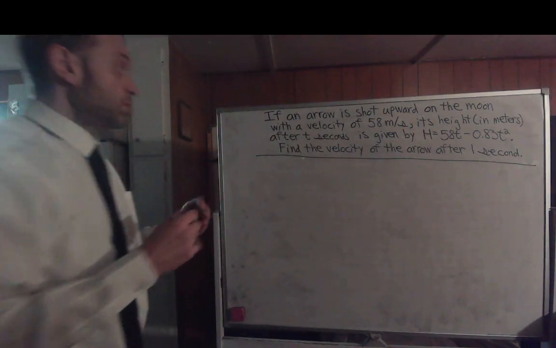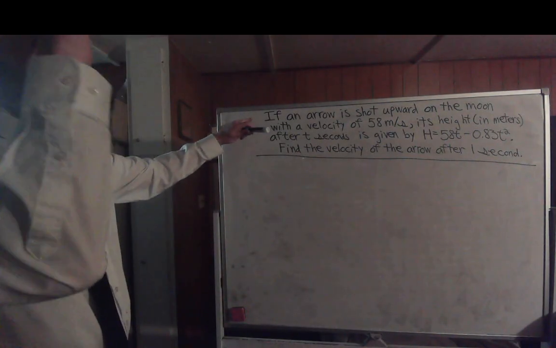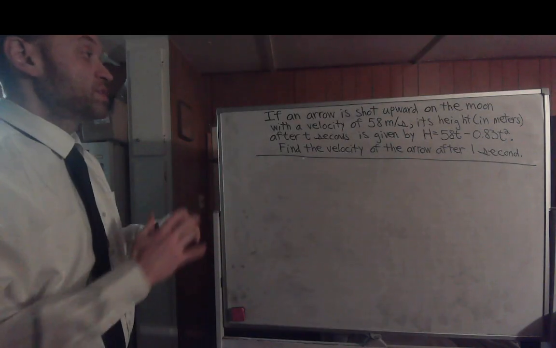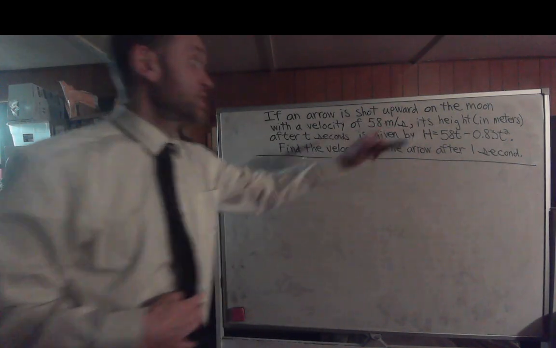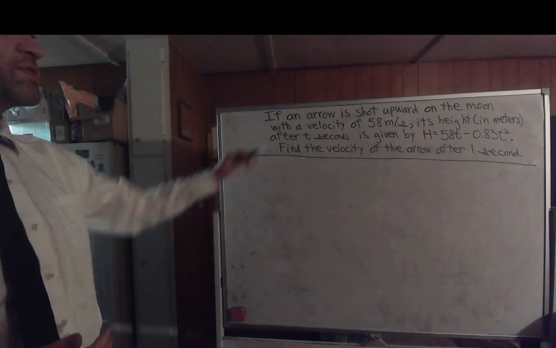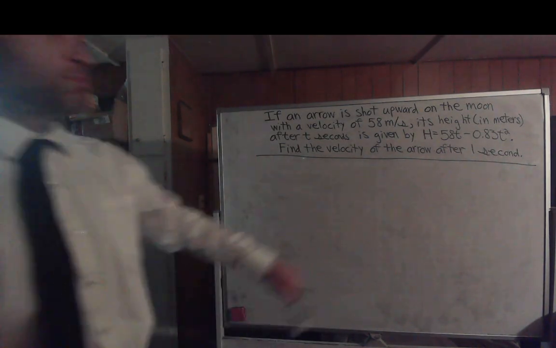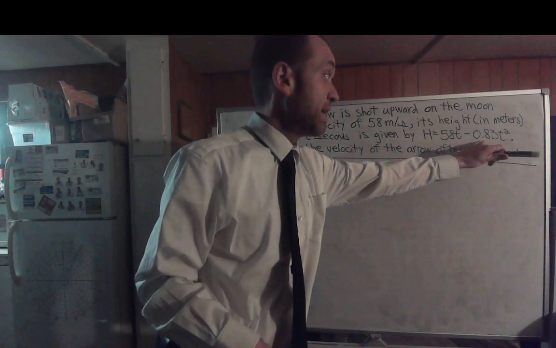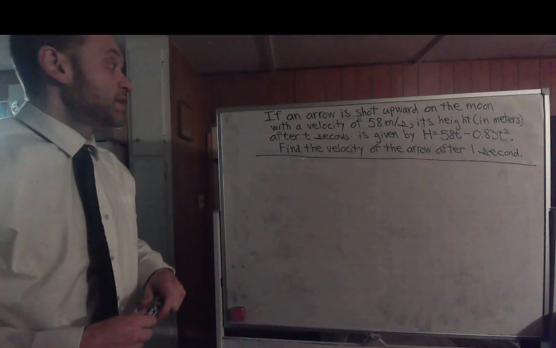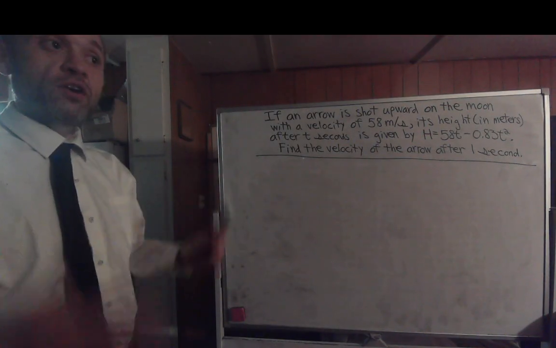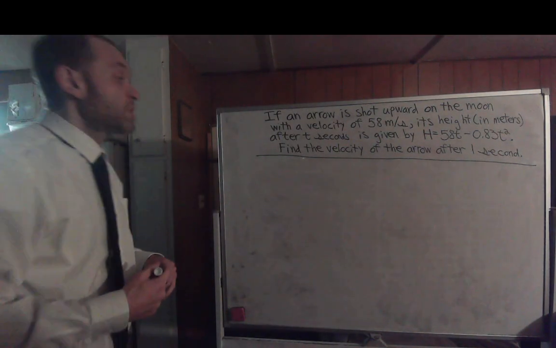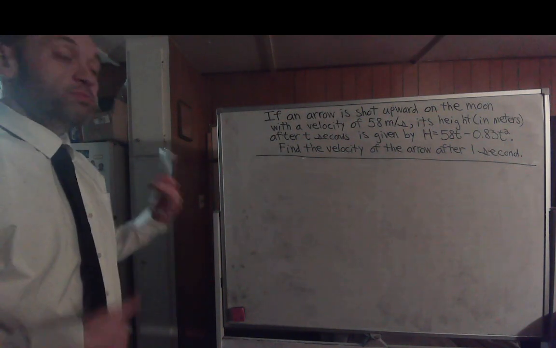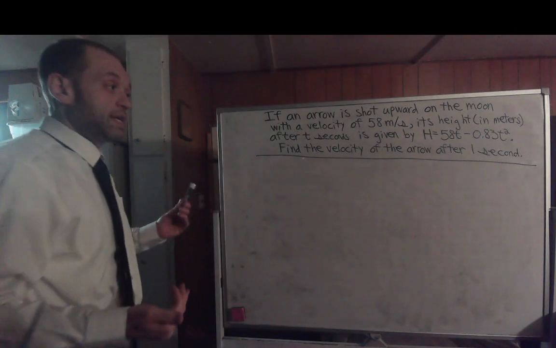All right. So we're on the moon for this one. If an arrow is shot upward on the moon with a velocity of 58 meters per second, its height in meters after t seconds is given by your height function h equals 58t minus 0.83 t squared. They want you to find the velocity of the arrow after 1 second. Well, in order to be able to find that velocity, we need to be able to obtain the height itself at 1 second.